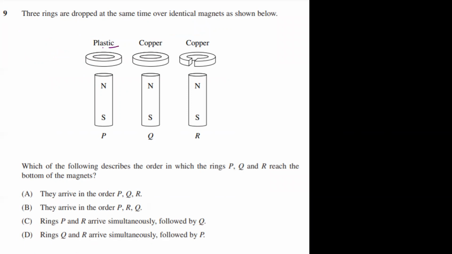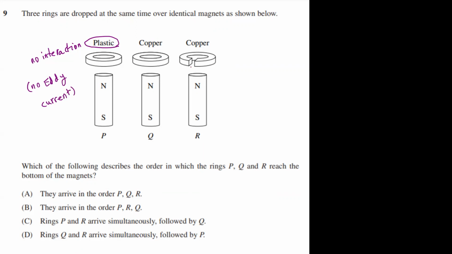Here we have a plastic ring that we drop over the magnet. Definitely between plastic and a magnet there is no interaction, so it falls as a result of gravity. So no interaction here, or I can say no eddy current here, because it's plastic, and for eddy current we know we need a metal.